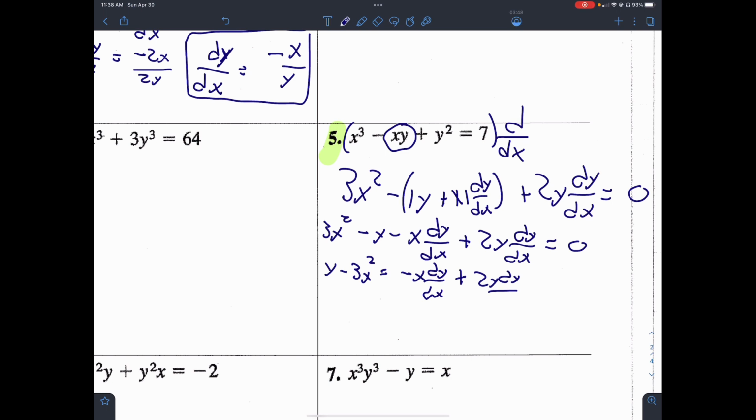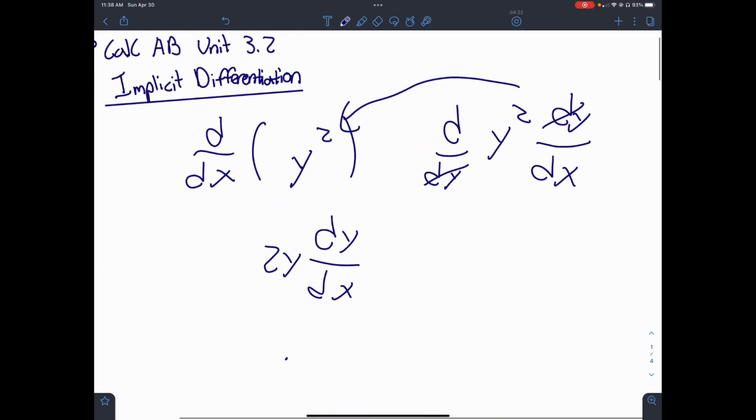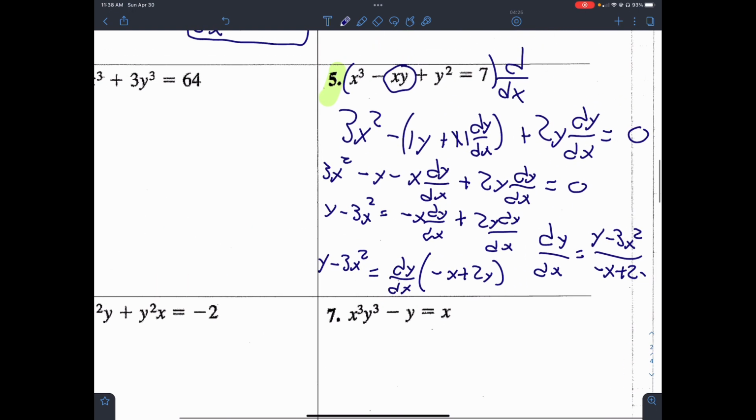We can factor out the dy over dx to get dy over dx times negative x plus 2y is equal to y minus 3x squared. Then we divide, so we just have dy over dx is equal to y minus 3x squared over negative x plus 2y, just like so.